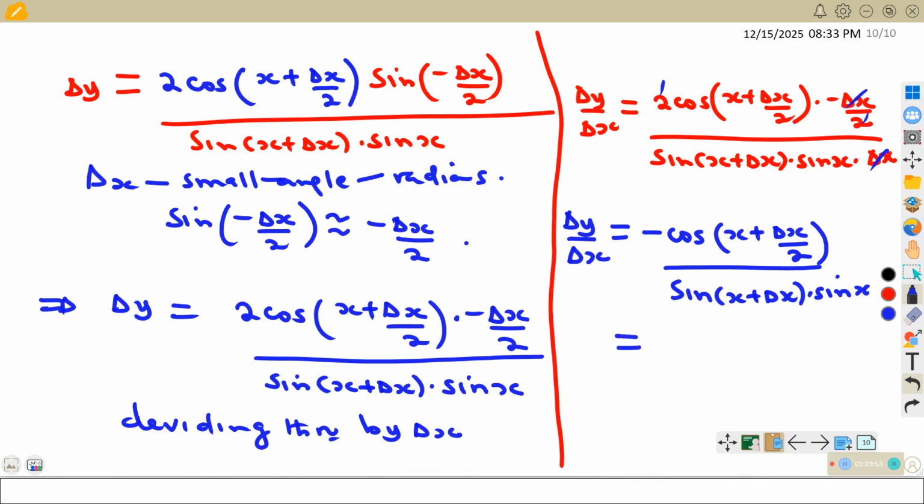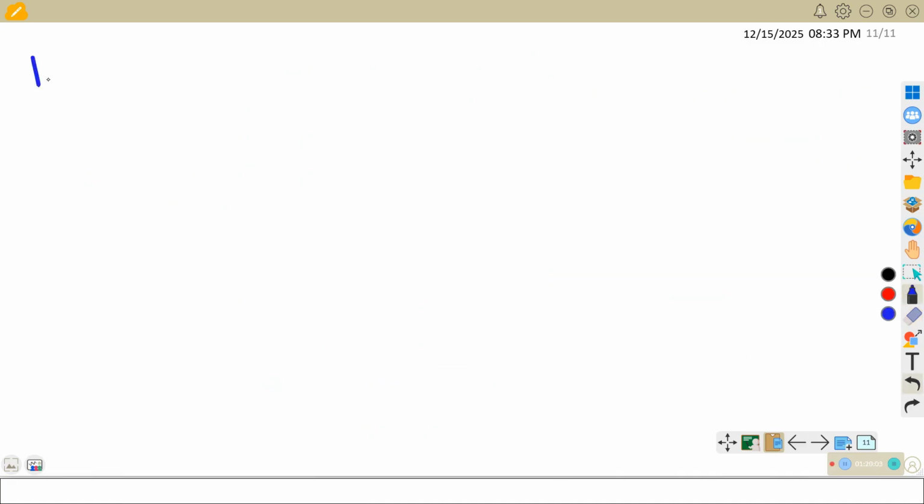Okay, from this given point, I want us now to take the limit on both sides. So when you take the limit on both sides, it will give us the limit as delta x tends to 0 of delta y upon delta x. Ensure that you take the limit on both sides, delta x tending to 0.